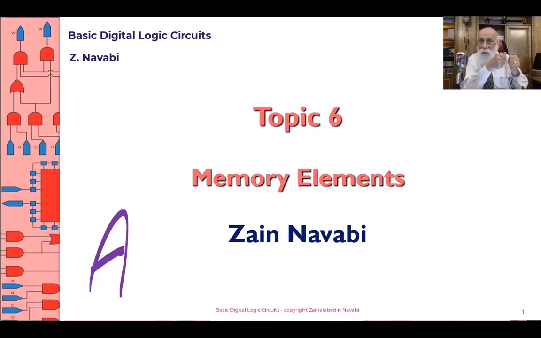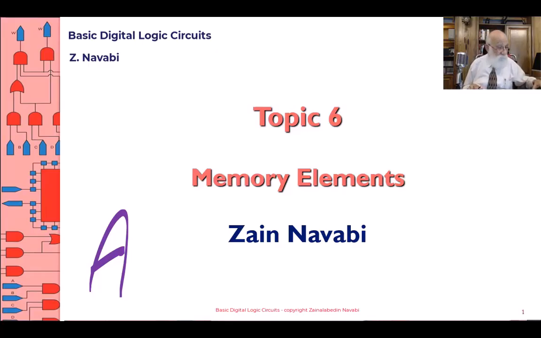You have to make a decision based on what has happened in the past and what is happening now. None of the circuits we have discussed so far are capable of doing this because they only have the present input and nothing is remembered from the past, and based on the present input the output is decided.